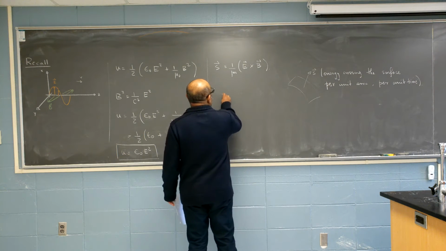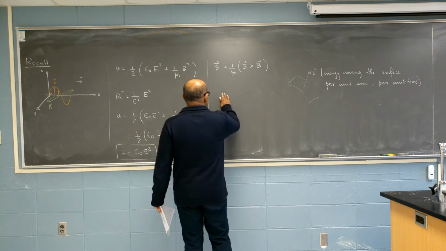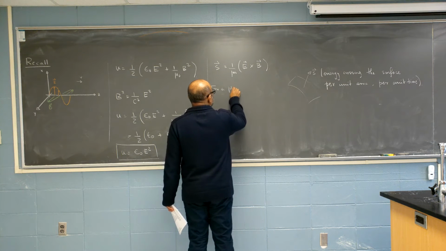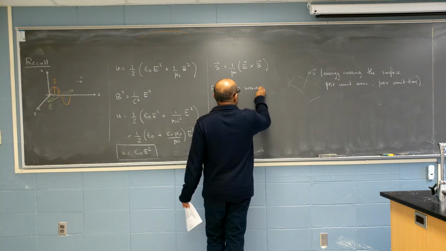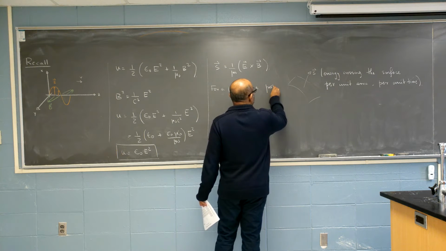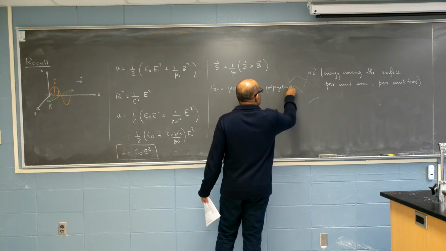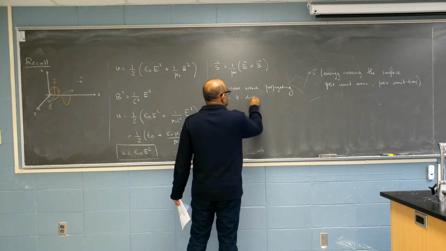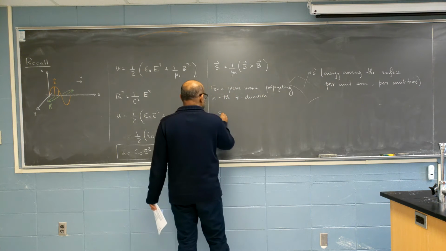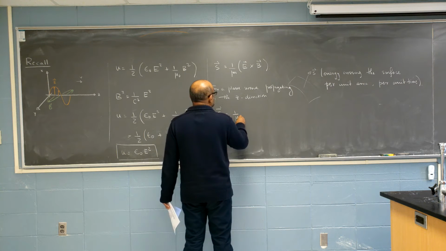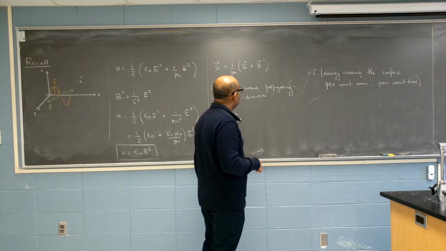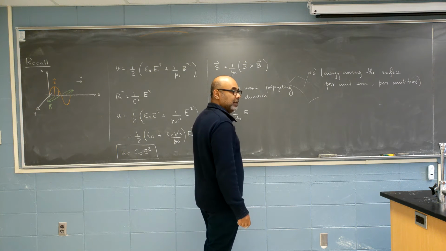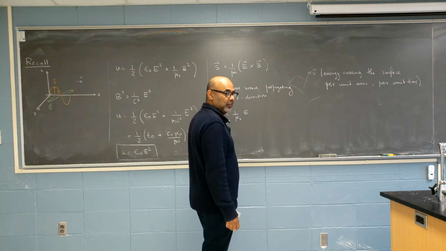This is equal to, propagating in the Z direction, S is 1 over mu naught. E is perpendicular to B. The strength of E is E. The strength of B is B, which is E over C, correct?